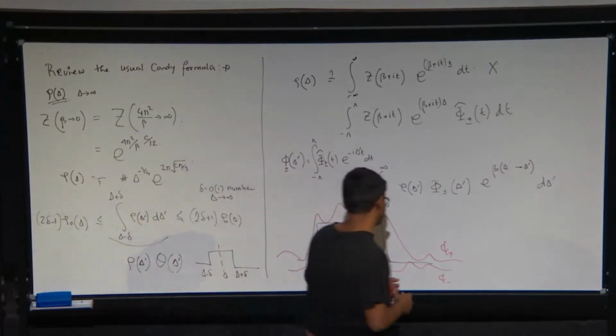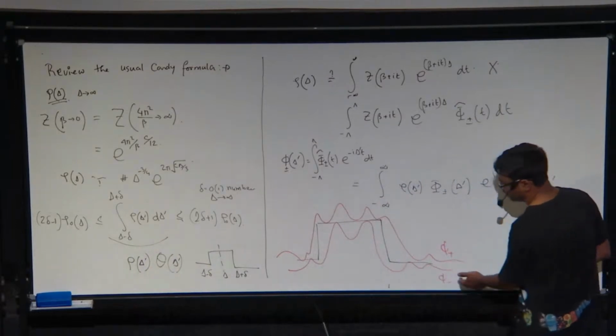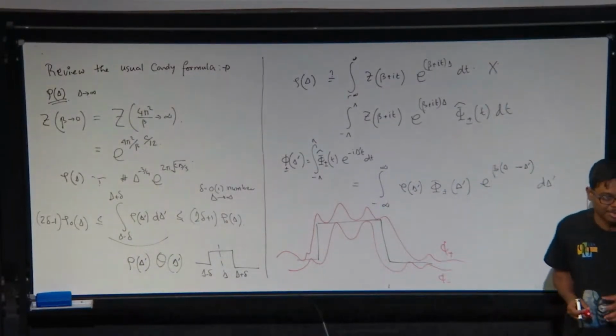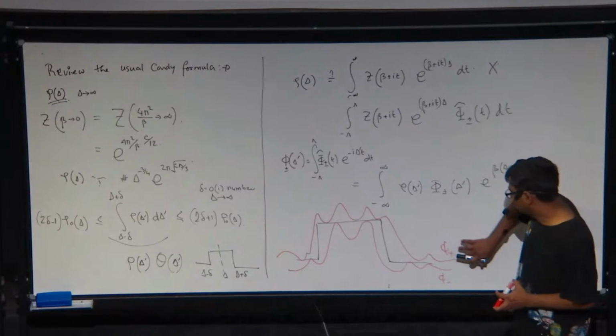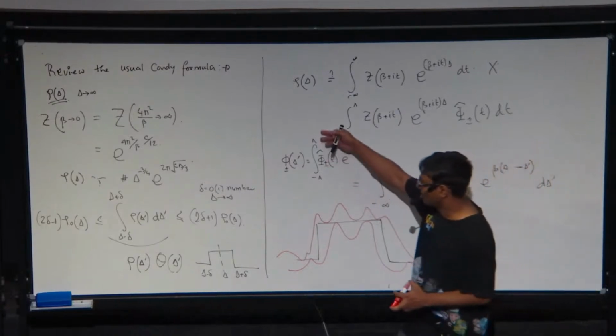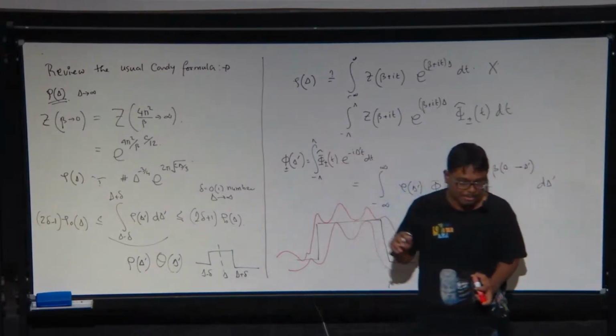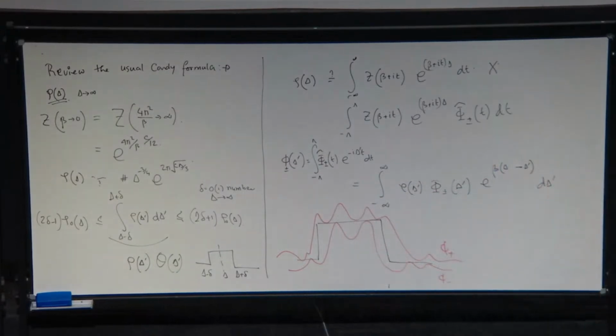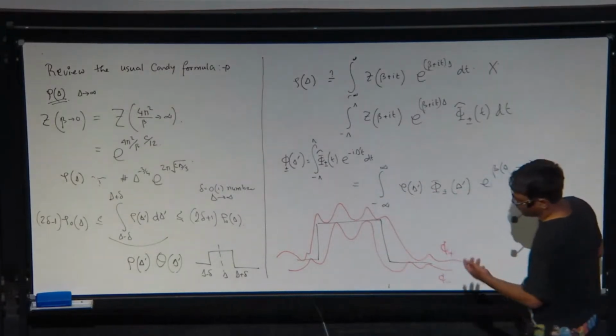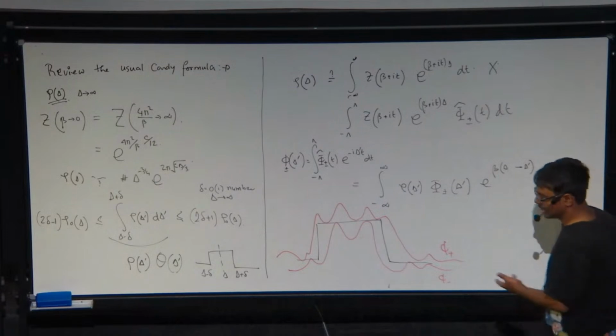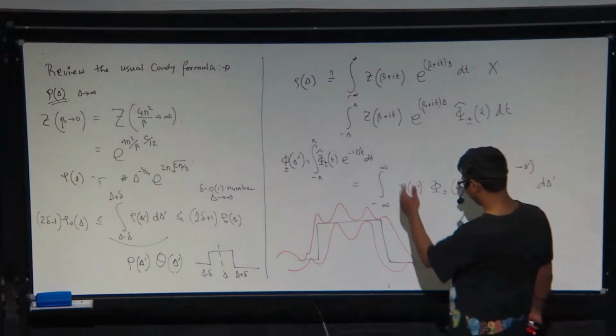And then there is a condition that this phi plus and phi minus are band limited functions, which basically means in the Fourier domain the support is compact, which is from minus lambda to plus lambda. And from the math literature we know this kind of function exists given a lambda.